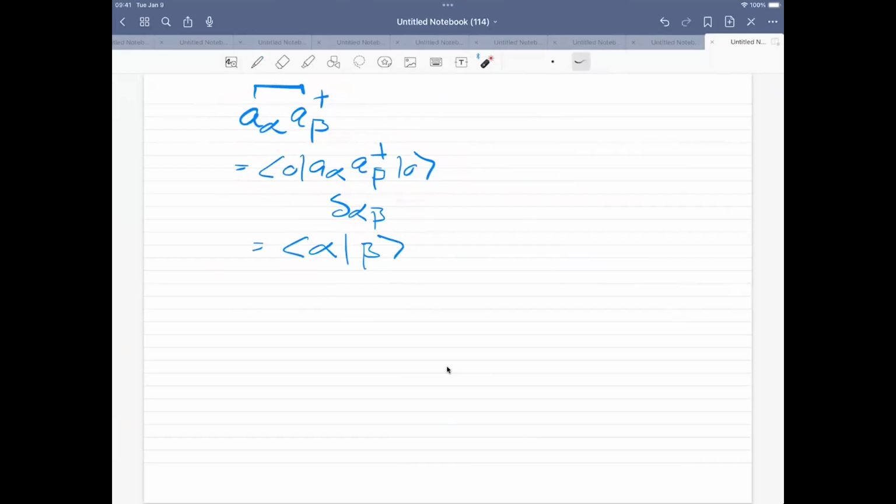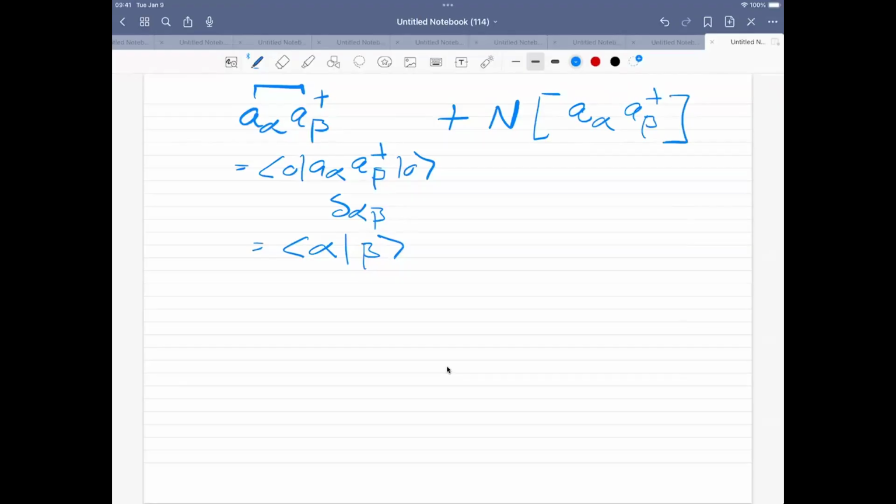Next thing I'm going to do is to write a plus sign here, and then I'm going to define something. This is not the number operator, but this is a normal ordered product of operators. So when I take a string of operators like this, A beta dagger, A alpha, let's just rewrite it the way we had it. I have a string of operators which looks like this, A beta.